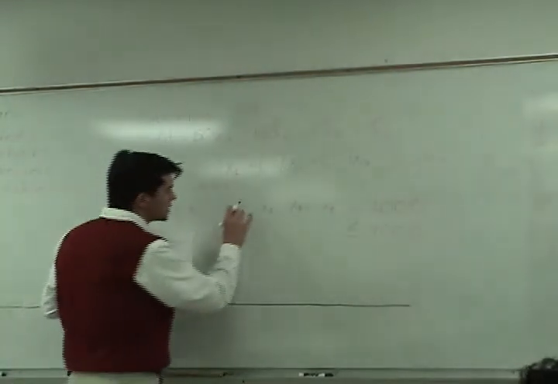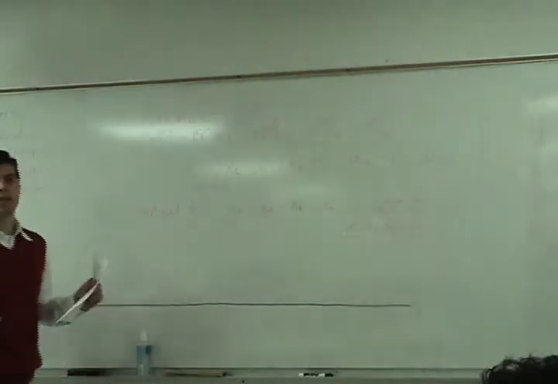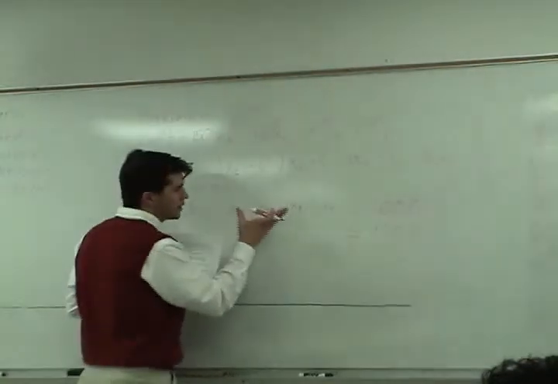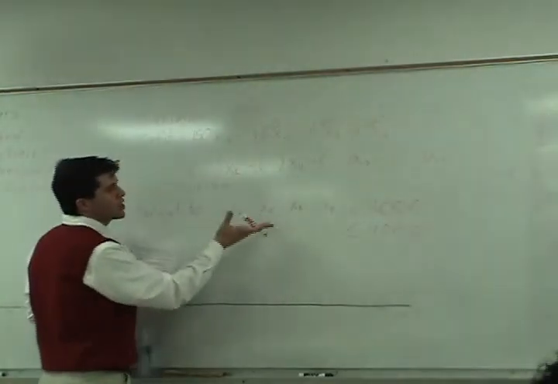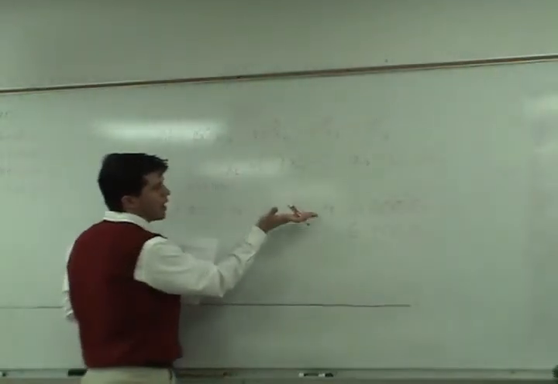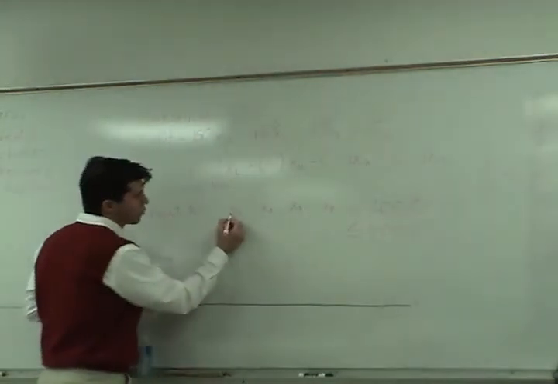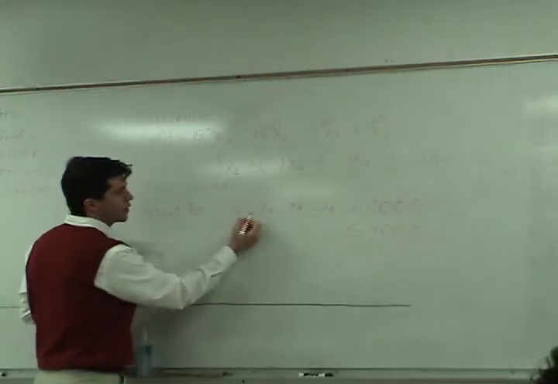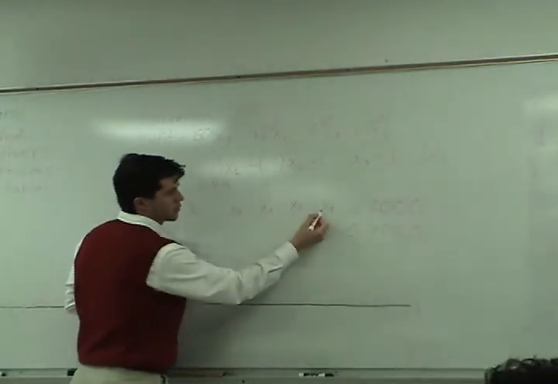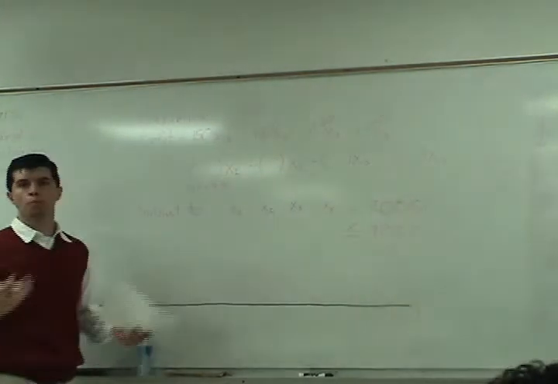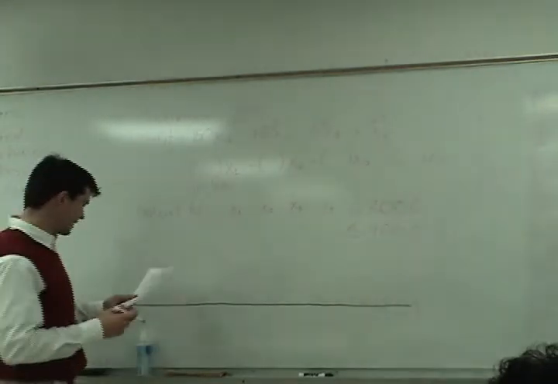So can you come up with some simple expression that says how much pine you're going to use based on what you pick as your products? Yeah, 7x1. Okay, let's see.